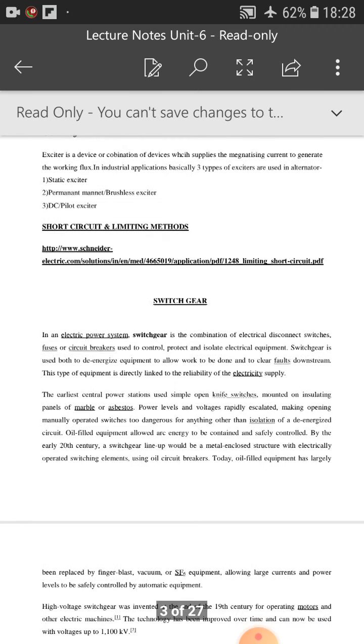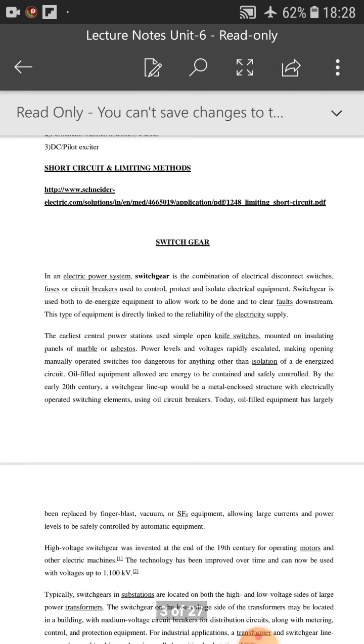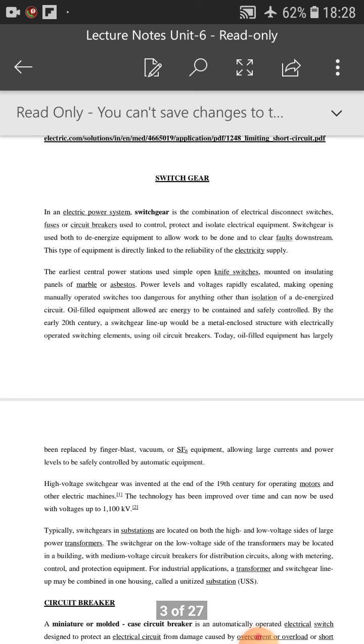After that, we will discuss switchgear. In an electric power system, switchgear is a combination of electrical disconnect switches, fuses or circuit breakers used to control, protect and isolate electrical equipment.